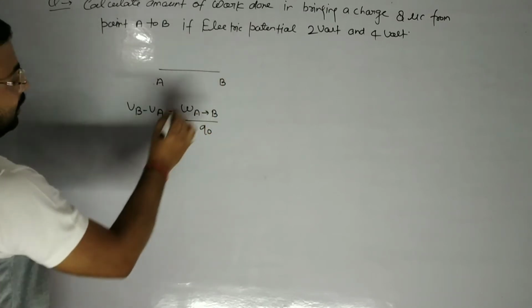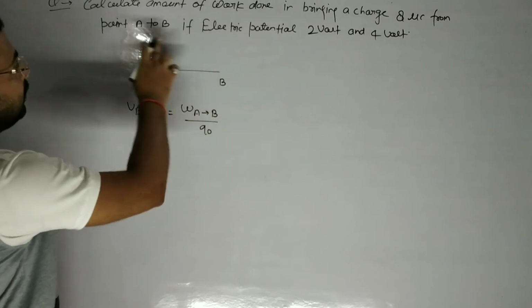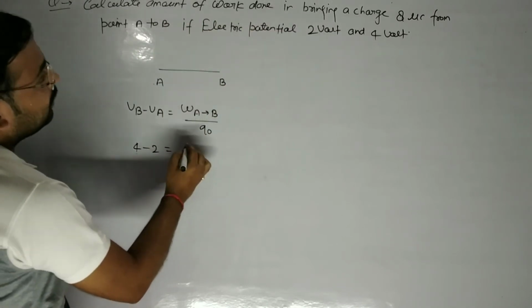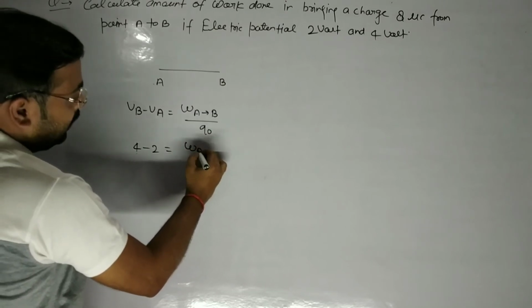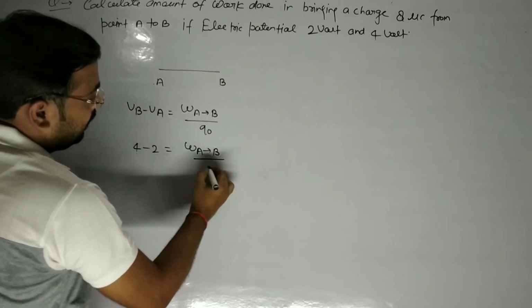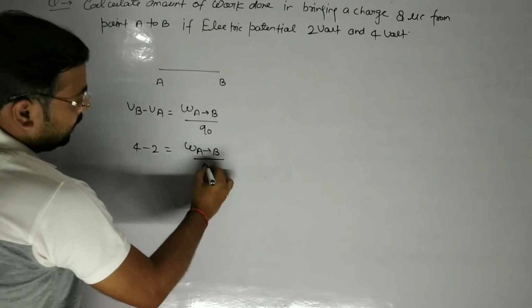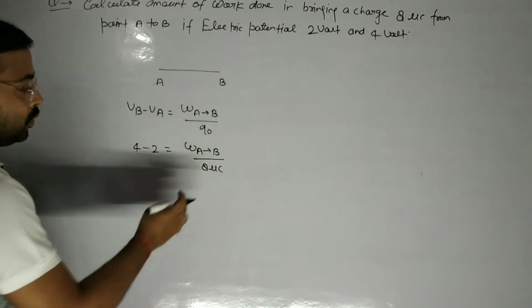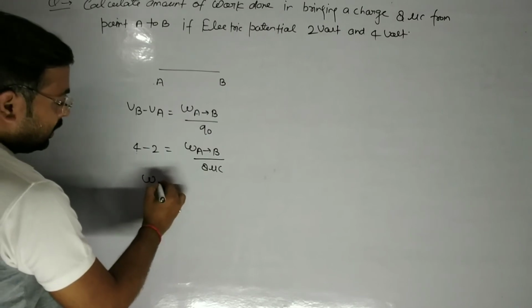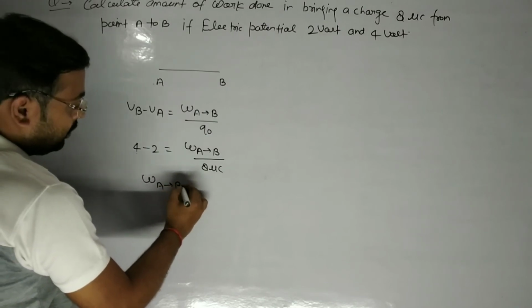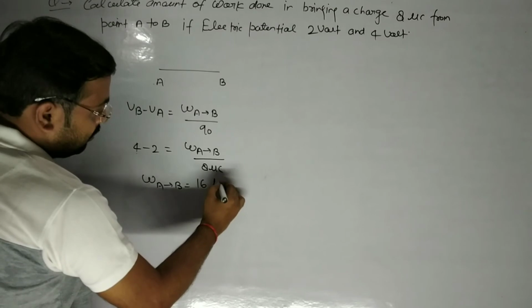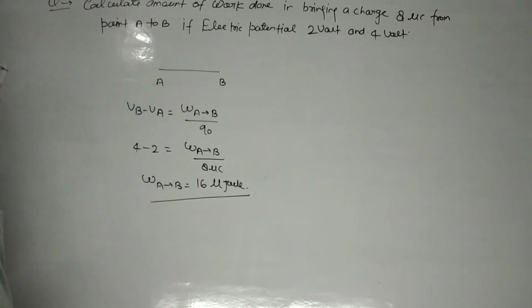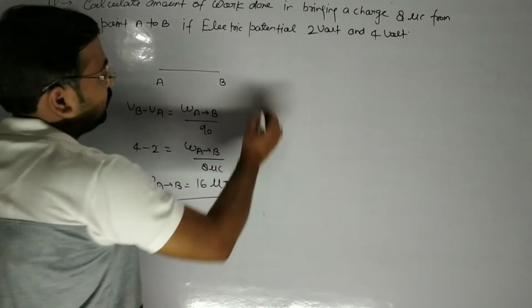So VB is 4 volt at B, A is 2 volt, so W A to B upon Q naught, 8 microcoulomb. 4 minus 2 is 2, 2 times 8 is 16. So W A to B is 16 microjoule.